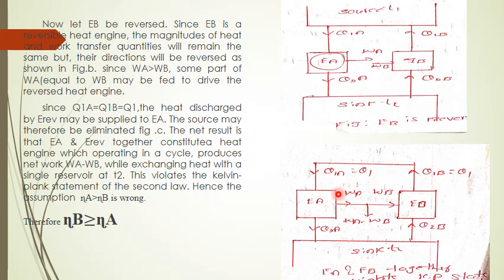But here, both these engines together constitute a heat engine operating with only a single source temperature. This is impossible. It clearly violates the Kelvin-Planck statement of the second law. Hence, the assumption we made earlier, that the efficiency of engine A is more than the efficiency of the reversible engine, is wrong.